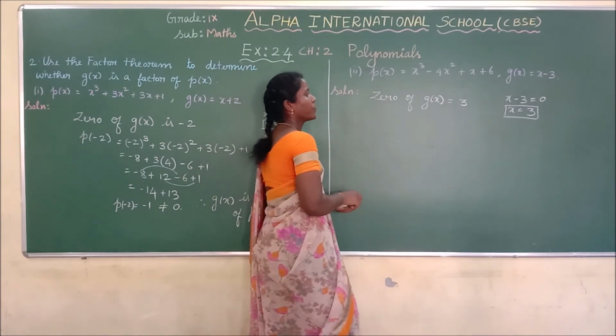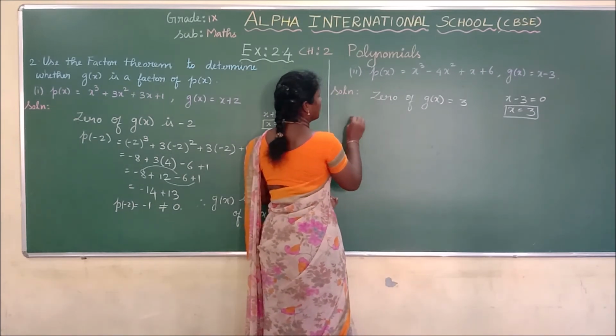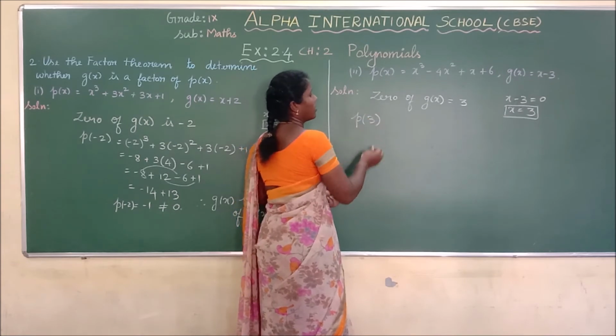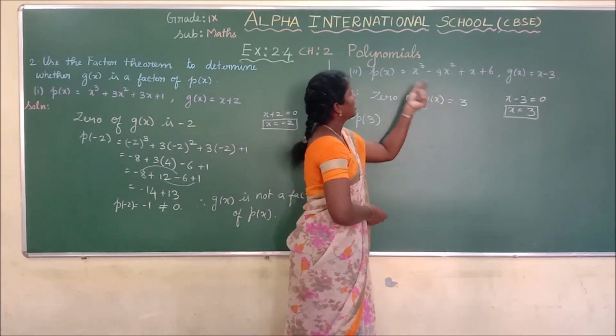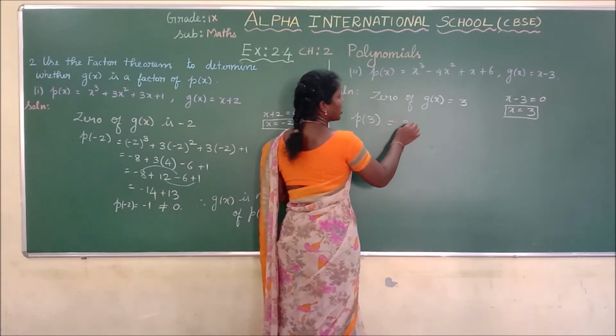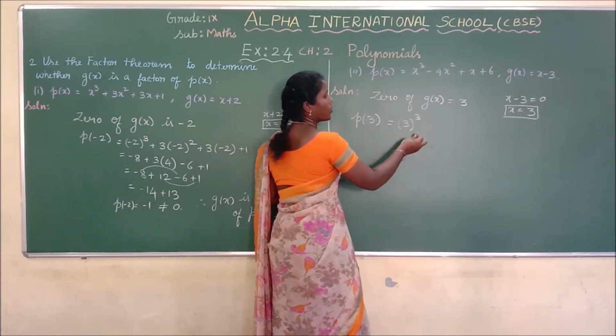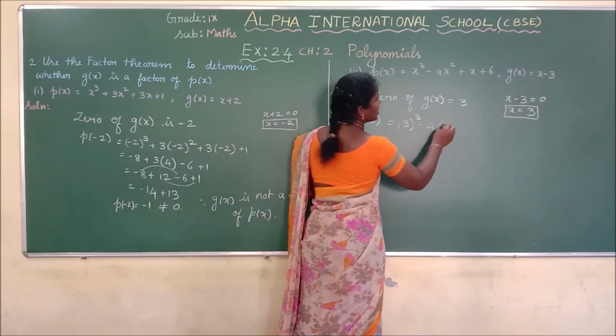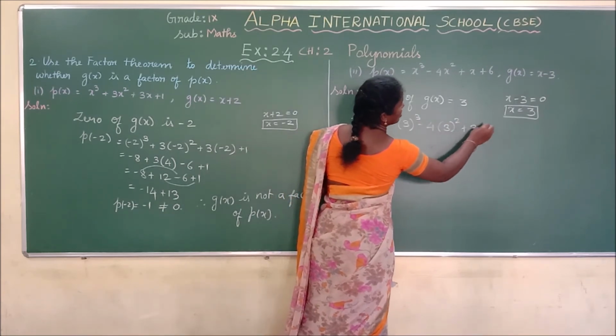Now p of 3. We have to substitute 3 for x in p of x. So first term 3 cube minus 4 into 3 square plus 3 plus 6.